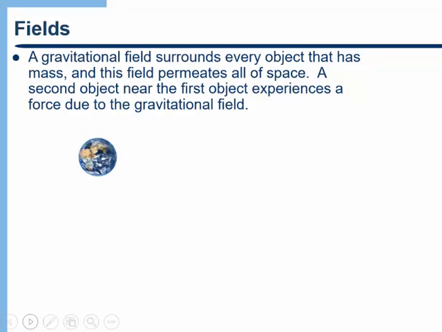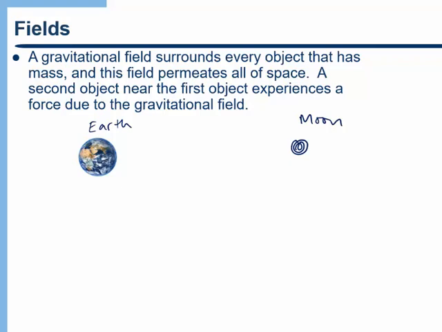Well, let's look at the way that physicists currently view these forces. The way we view it is a little different than what we've talked about so far. So for example, instead of talking about the Earth exerting a force directly on the moon, what we now do instead is we say that the Earth creates a gravitational field.